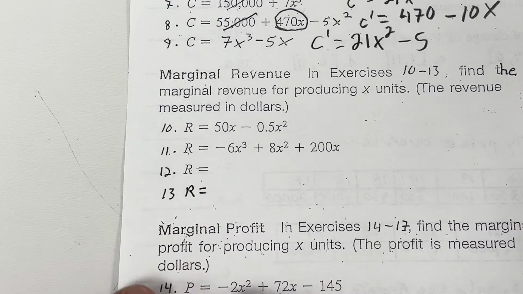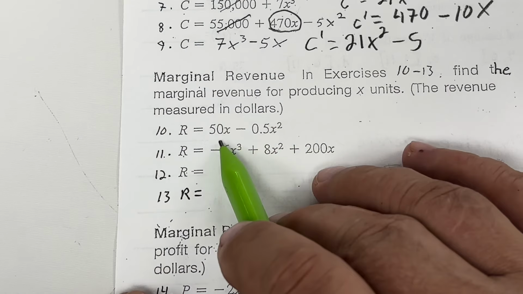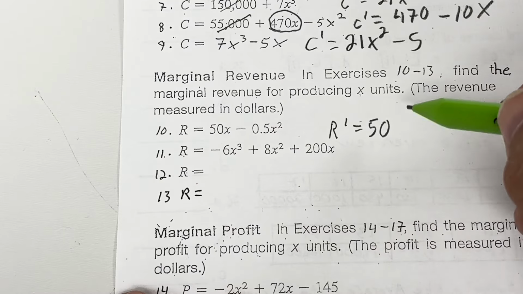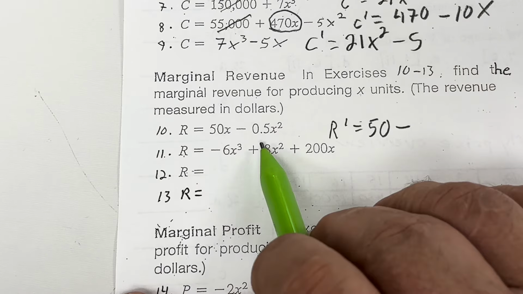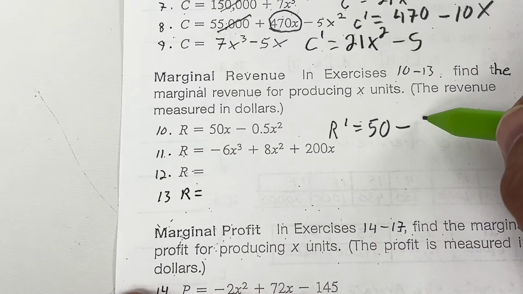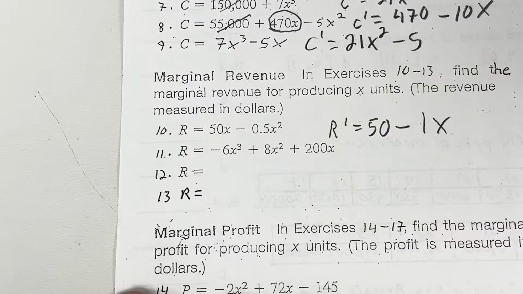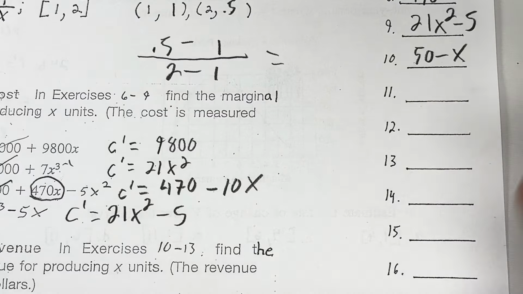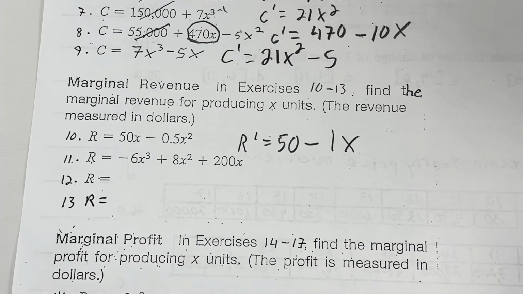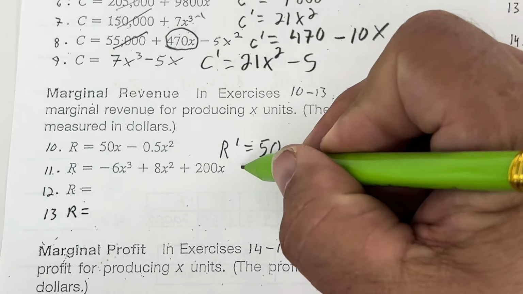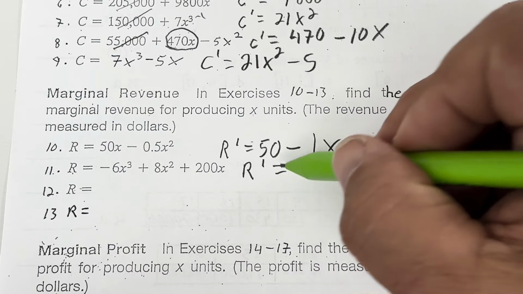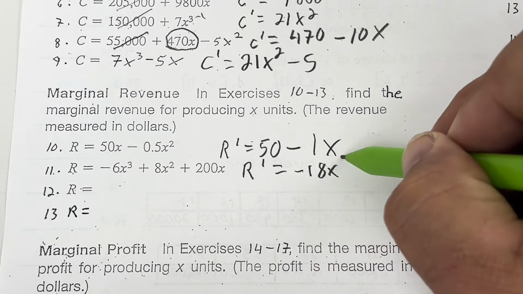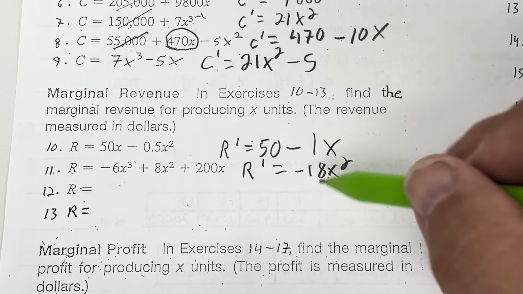Marginal cost, again, all we do is take the power rule, so the derivative of 50x is going to be 50, minus the derivative of 0.5x squared is going to be 1x. So 50 minus x for number 10. Power rule, negative 18x squared. 3 times negative 6 is negative 18.